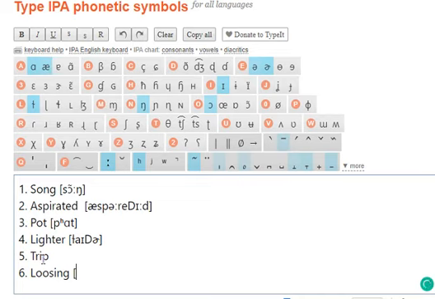The velarization rule says that l becomes velarized when it occurs before a back vowel, a low vowel, or word finally. And we have the vowel sound u here, right? Losing, lu, u is a back vowel, okay?